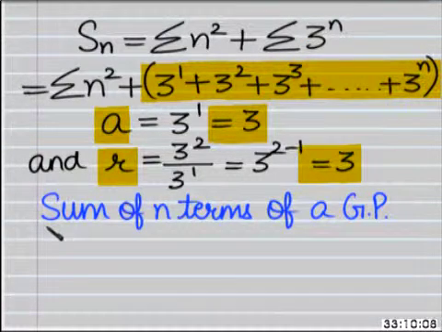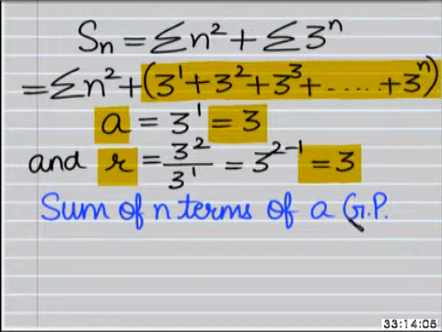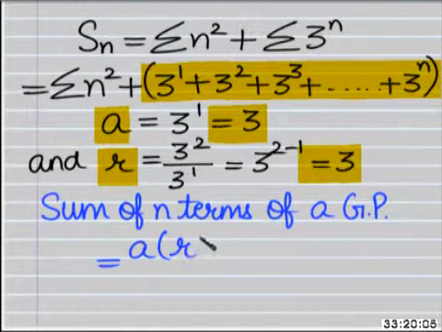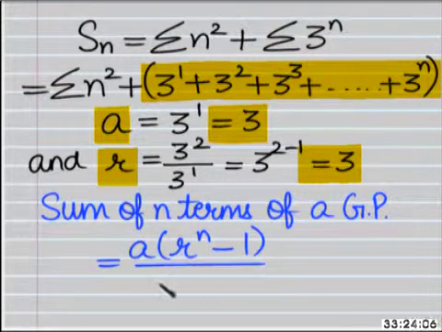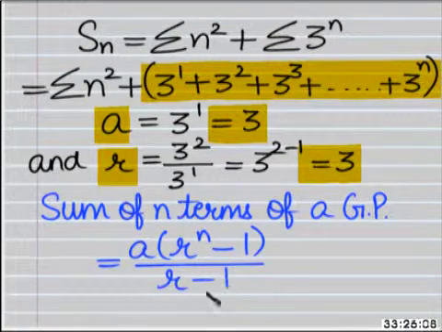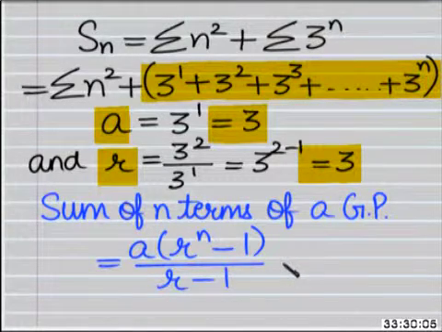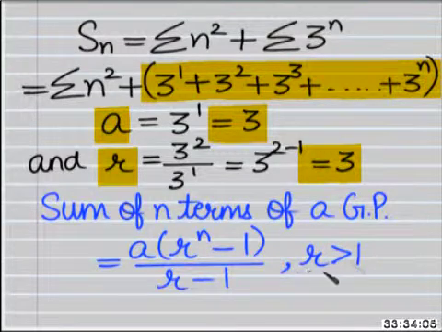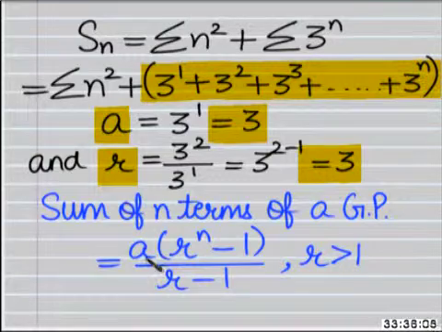Also, as we know that the sum of n terms of a geometric progression, that is GP, is equal to a(r^n − 1)/(r − 1), where common ratio r is greater than 1 and a is the first term of the GP.